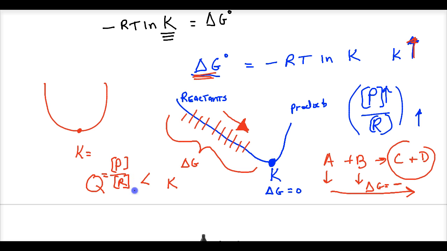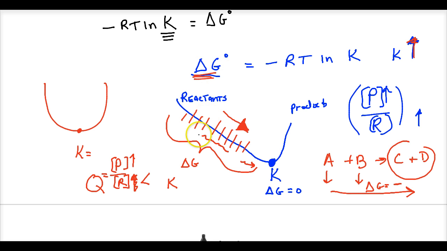Now, as you start adding more and more products, the Q at this non-standard G gets closer to K. And of course, the closer you get to K, the less spontaneous you are. So the tie-in here is how far away you are from K shows you how spontaneous.